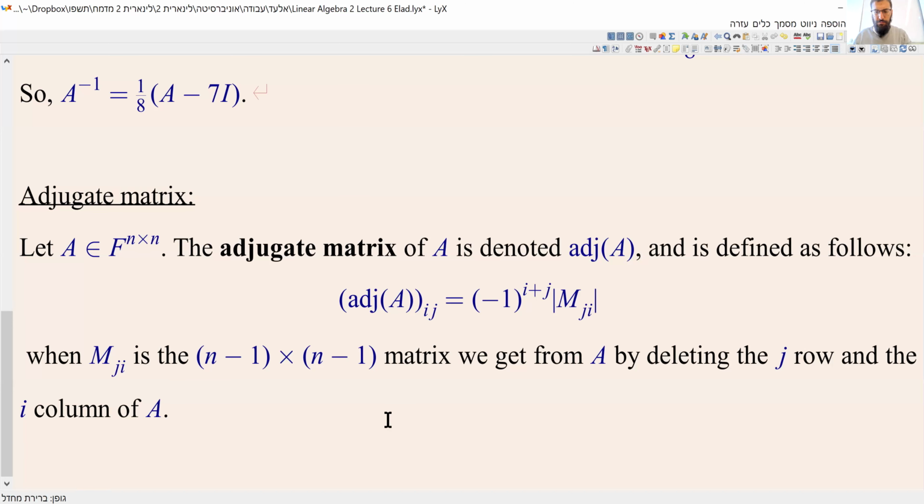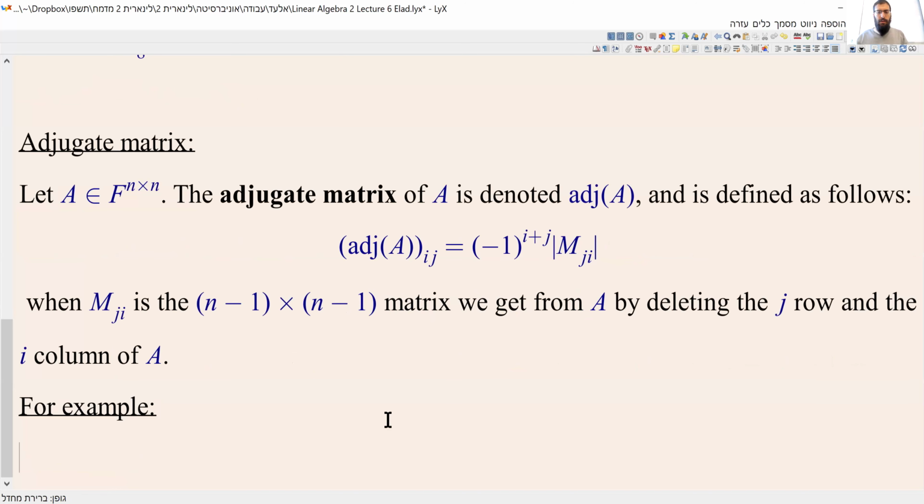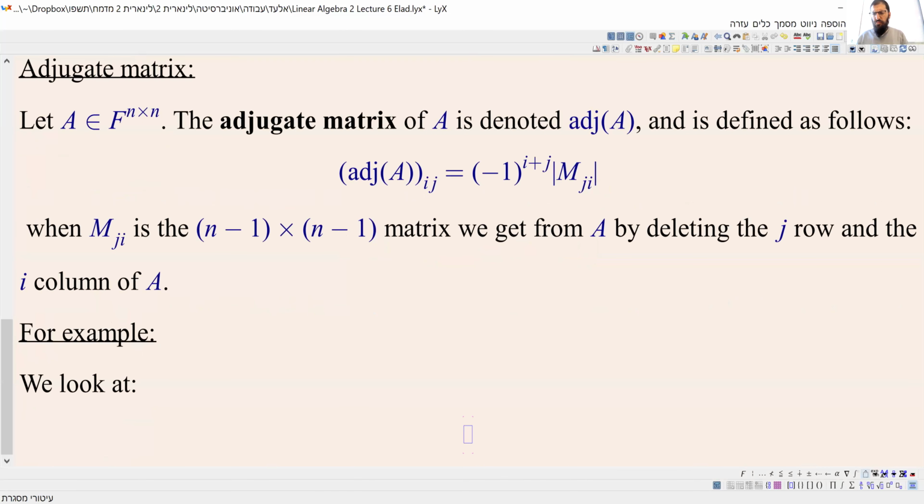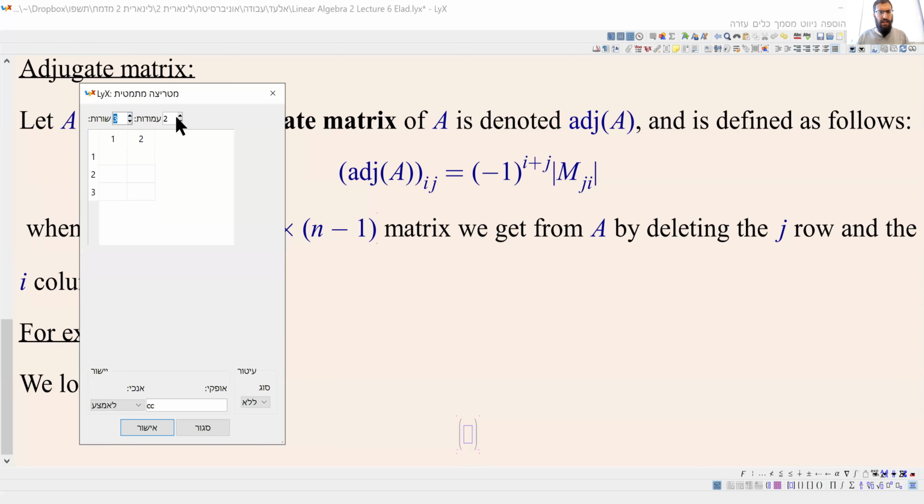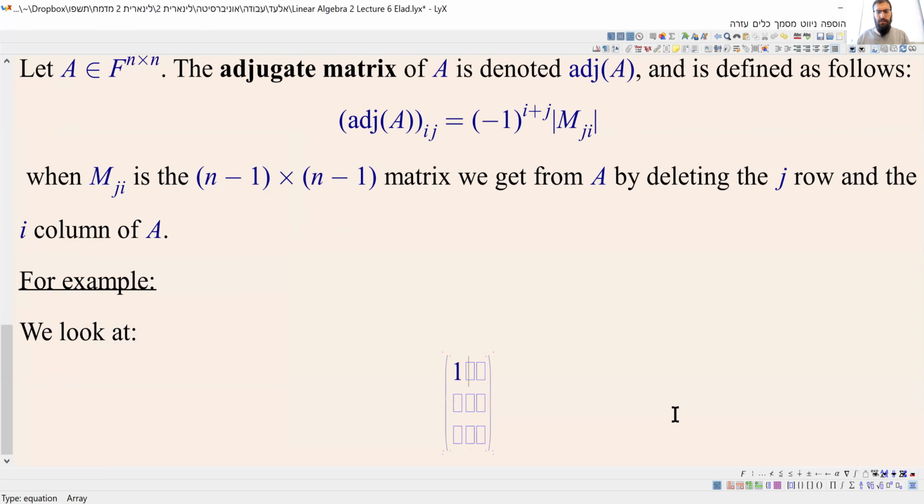For example, we can have our classic 1 to 9 matrix: 1, 2, 3, 4, 5, 6, 7, 8, 9. And this is A.